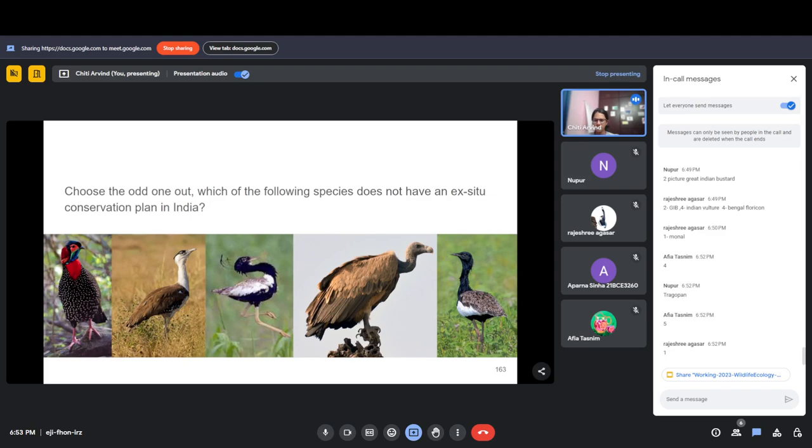I'm forgetting the name of this one. Just look it up. In Pinjore in Haryana. Yeah. So the Bombay Natural History Society has a captive breeding program for vultures in Pinjore, in Haryana. They also have one in Bhopal and in Assam and in West Bengal, right? And the Bengal florican does not have a captive breeding program yet.